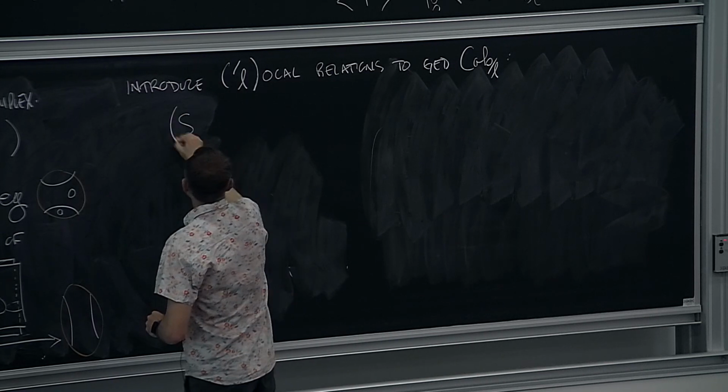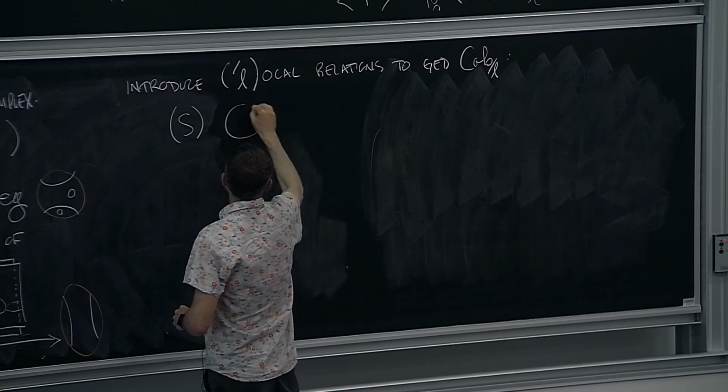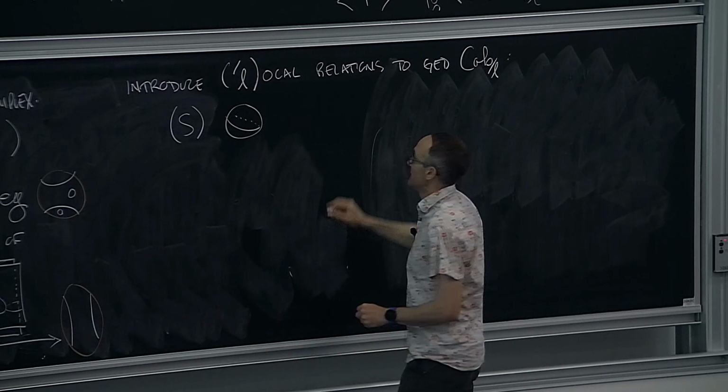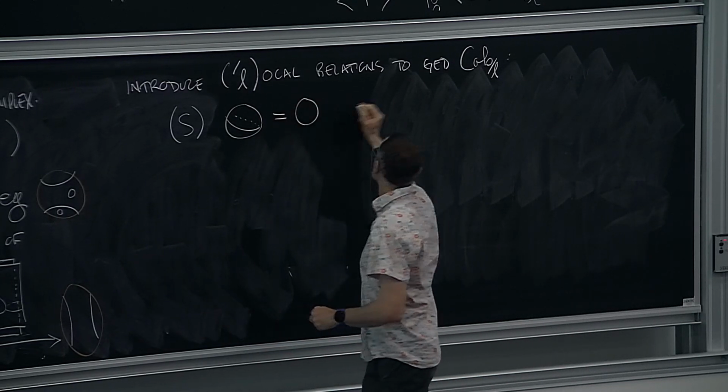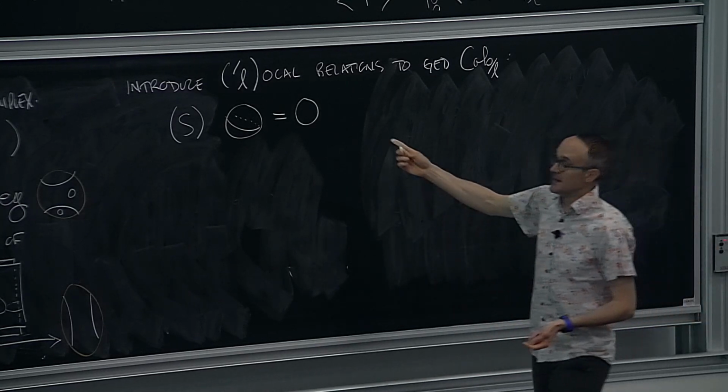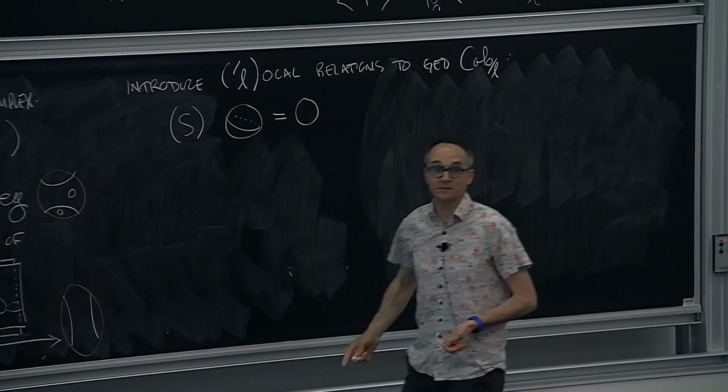The first one is Bar-Natan's sphere relation. So if I see a closed component that's a sphere anywhere in my cobordism, that sets the entire cobordism equal to 0. Okay, that makes sense. I have a 0 in the morphism space because I'm taking k-linear combinations.